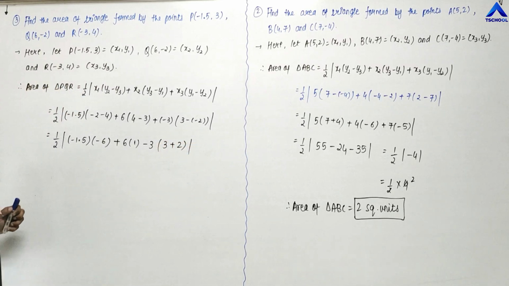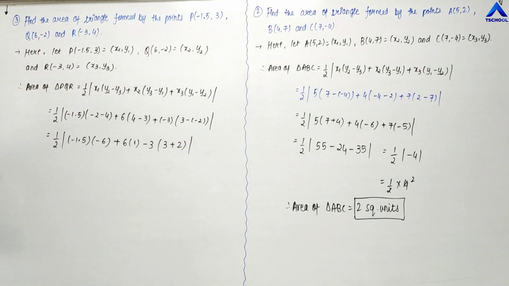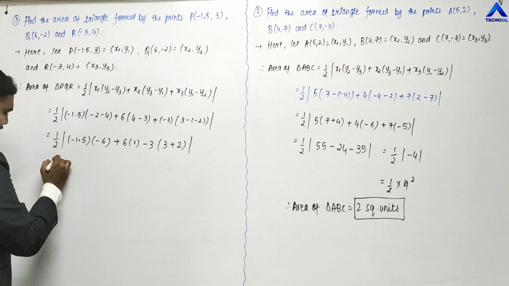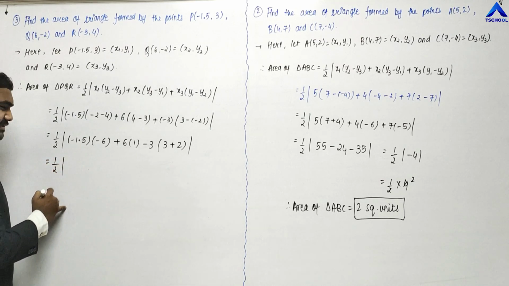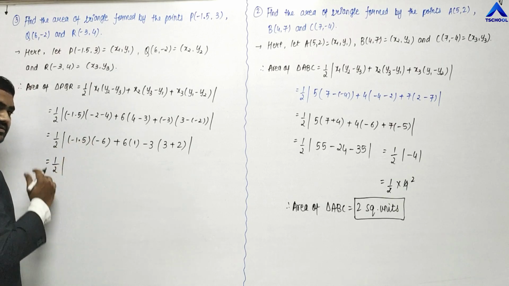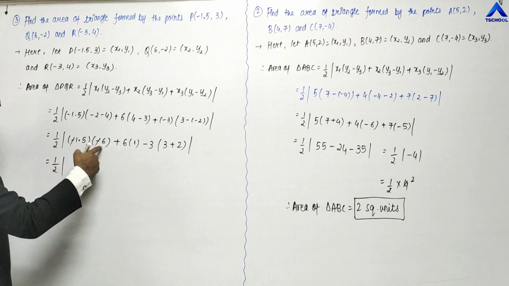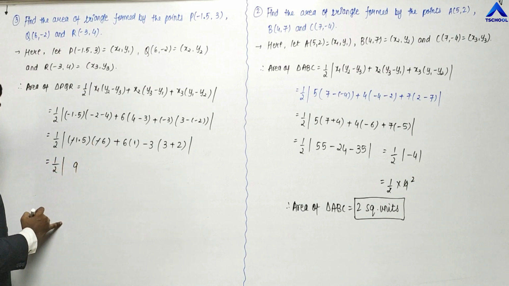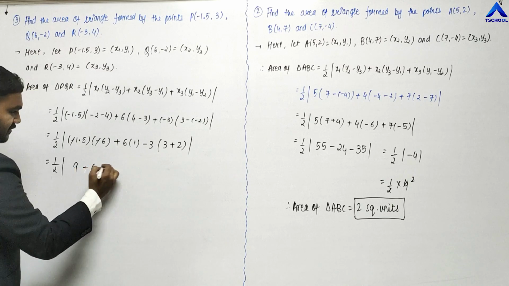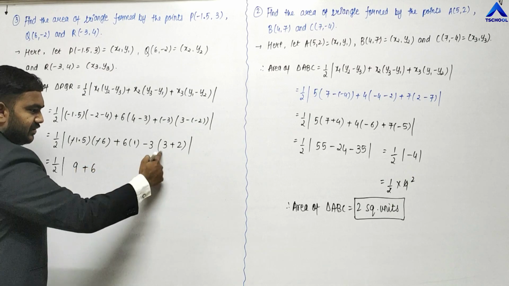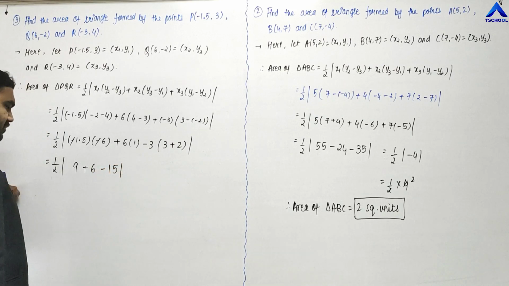Okay, so that is what we have solved, the signs here. Now let us multiply everything. That is 1 by 2 modulus of minus 1.5 into minus 6. First of all, minus will become plus, so you can simply remove this minus and minus. 1.5 into 6, that is 9. Here 6 into 1 is 6, and here 3 plus 2 is 5, and minus 3 into 5 is minus 15.